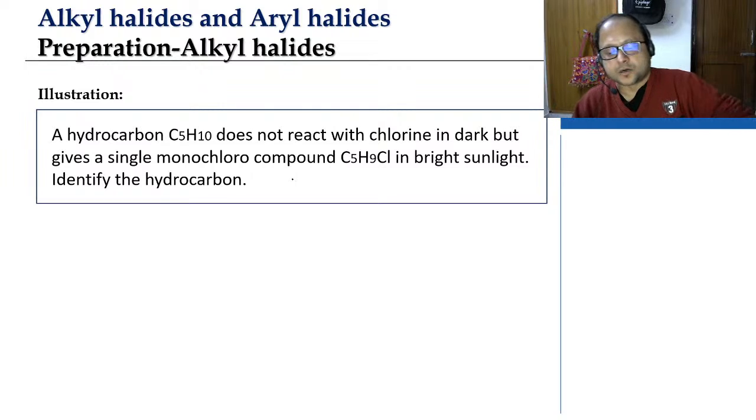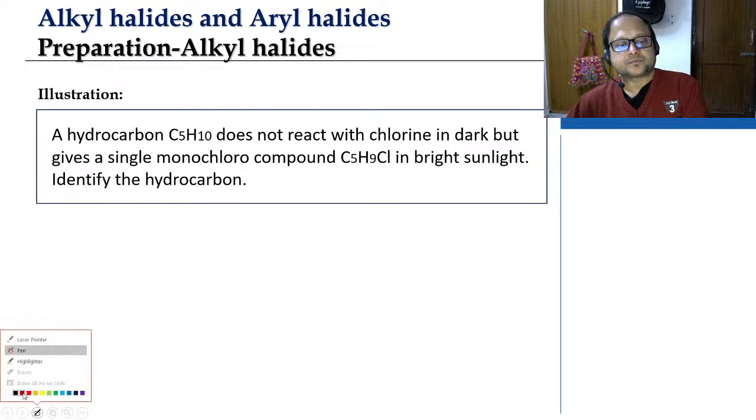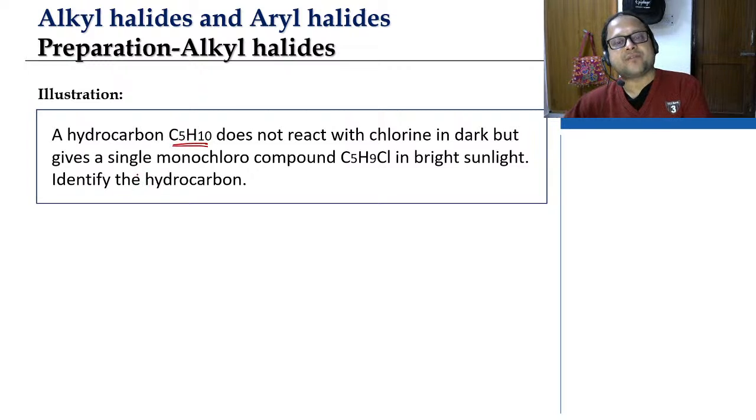Okay, so if you have worked it out in your copy, let's see. It says you have got a hydrocarbon which has formula C5H10. It seems like an alkene formula. It does not react with chlorine in dark, but gives a single monochloro compound in bright sunlight.